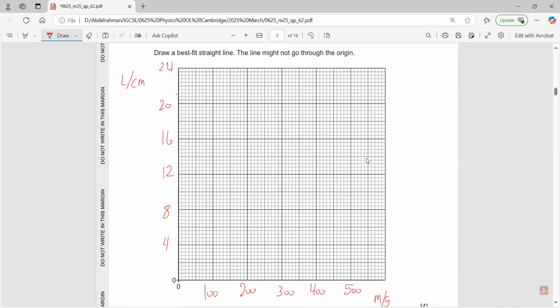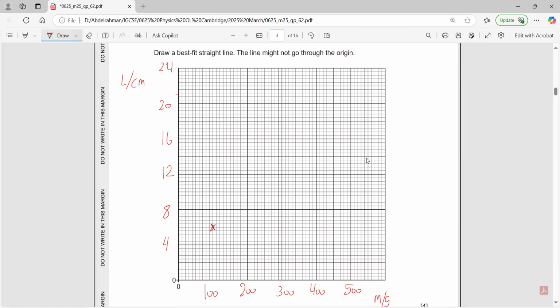Okay, so let's go. First point, 106. It's exactly on this point. 106 is here. 209.2, this is actually very accurate. Why?